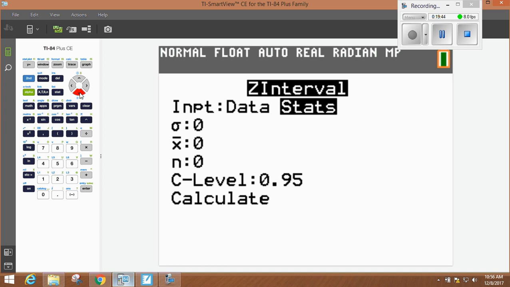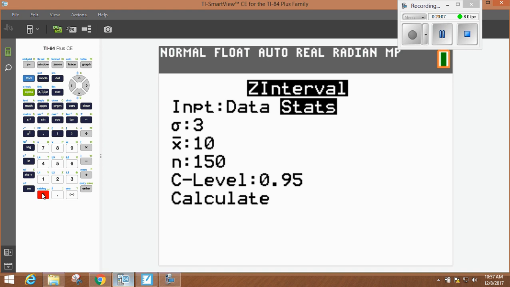So if I had all of the numbers of chocolate chips in all 150 cookies and entered it into a list, then I would be able to use data, but I don't have that. So we said our standard deviation was 3. Our mean number of chocolate chips was 10, and we got that from a sample of 150.